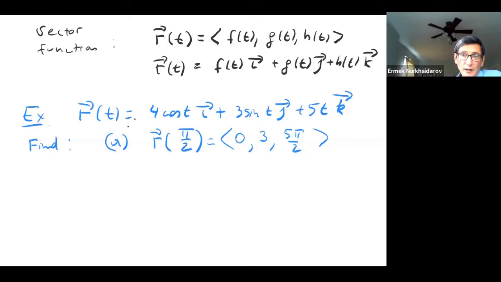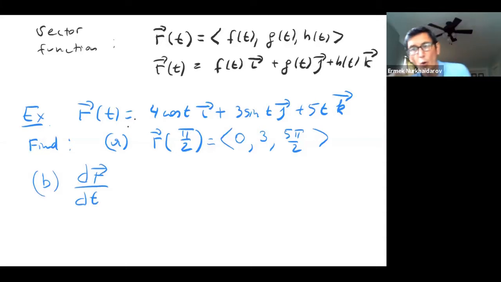Good thing, differentiation and integration will go straightforward. For example, if I want to find the derivative of a vector function with respect to t, all I have to do is take the derivative of the x coordinate, y coordinate, z coordinate separately, put i, j, and k in it if I want, or put them in parentheses with commas in between.